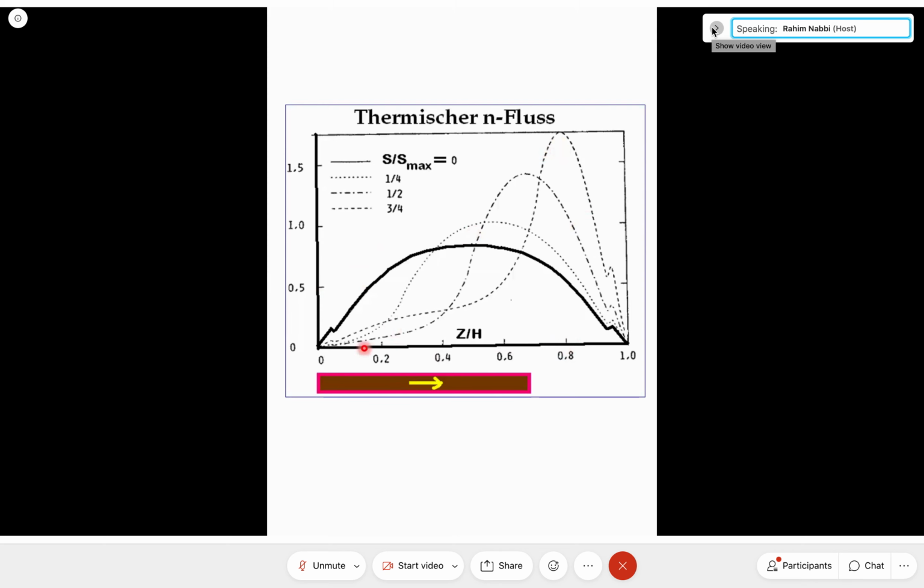That means if the absorber system is positioned inside the reactor up to the bottom or second half of the reactor, then the neutron flux at the upper part of the reactor, because of the absorber system, would be lower. You see here this dashed line. It means the flux has a lower value.